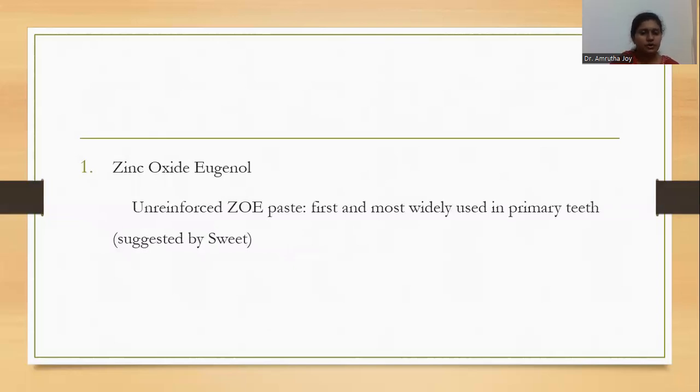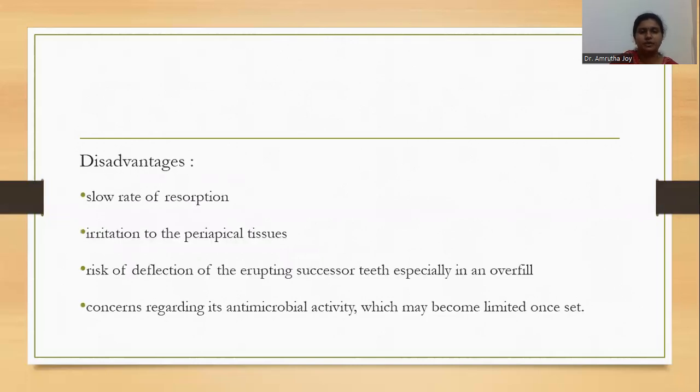Zinc oxide eugenol: unreinforced zinc oxide eugenol paste is used, and it is the most widely used obturating material in primary teeth, as suggested by Sweet. The disadvantages of zinc oxide eugenol are its slow rate of resorption. It resorbs at a slower pace than the tooth root, and it can cause irritation to the periapical tissue if it goes beyond the periapical area.